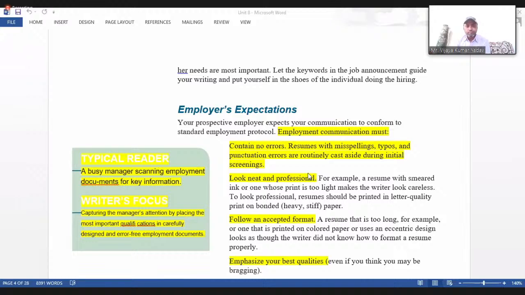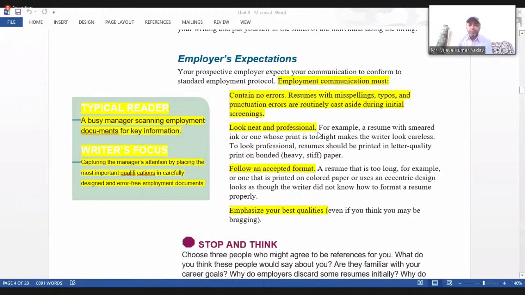Your job application and your resume must look neat, look professional, and follow an accepted format. Whatever format is accepted by everybody, you follow only that format, and emphasize your best qualities. Whatever best qualities you have, you put emphasis on those qualities.